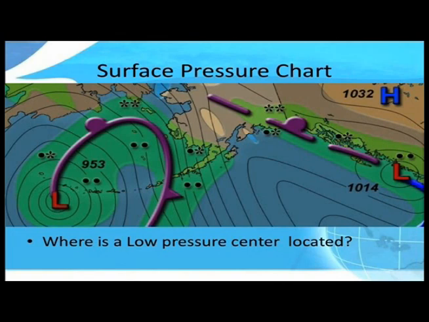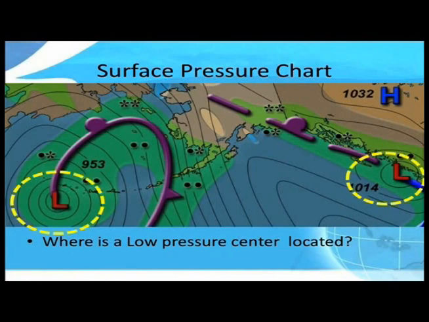So here's an example of a surface pressure chart. Do you see where there is a low pressure center? Where would that be located? If you said over here by the Canada coast, where this red L is, that would be a correct answer.